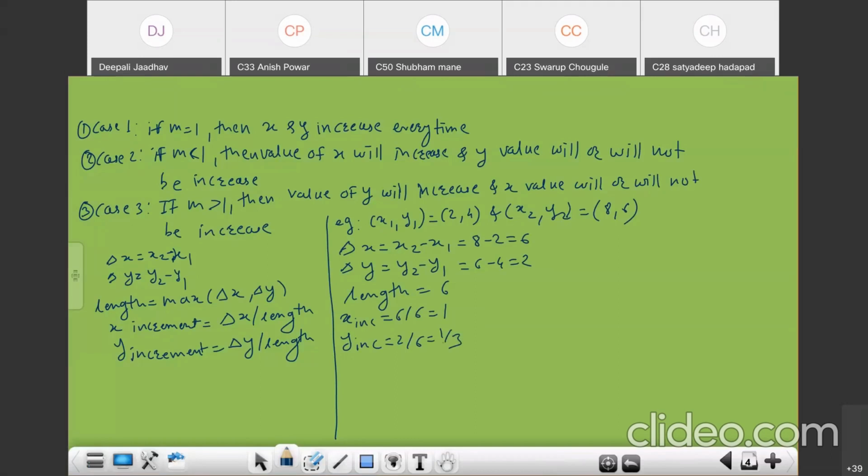What is the slope of this line? It is also 1/3, which is less than 1.